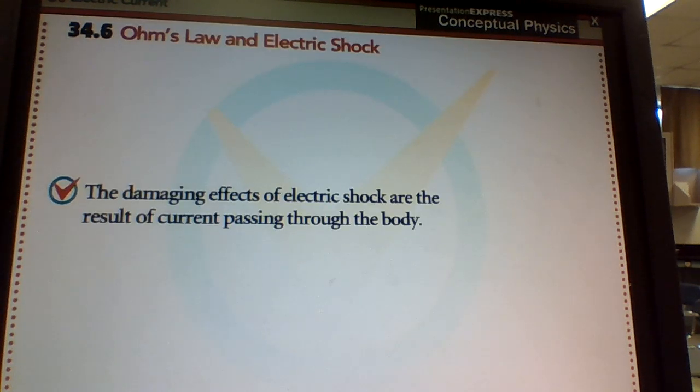Now, Ohm's law plays a big role in electric shock of human beings. The most dangerous part of being shocked is not the voltage. It's not the resistance. It is how much current begins to pass through you. Higher currents create more damage.